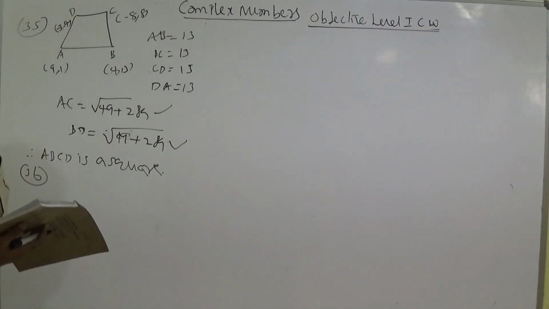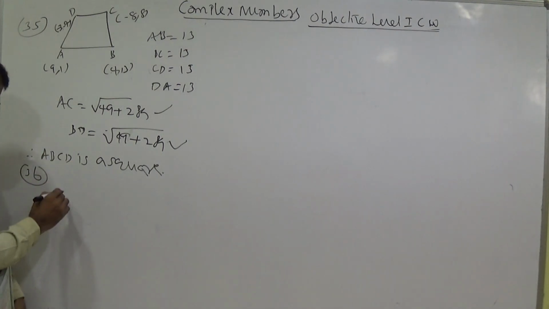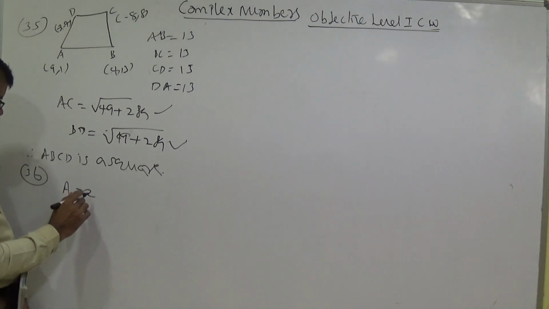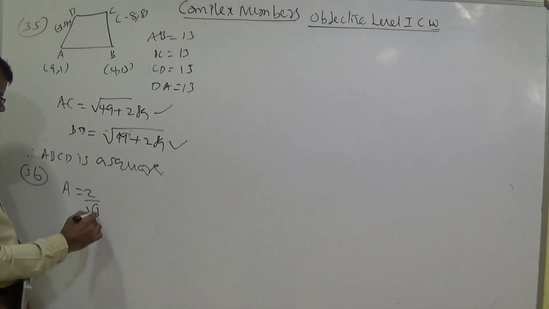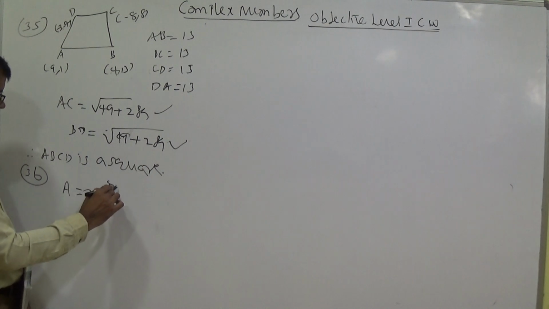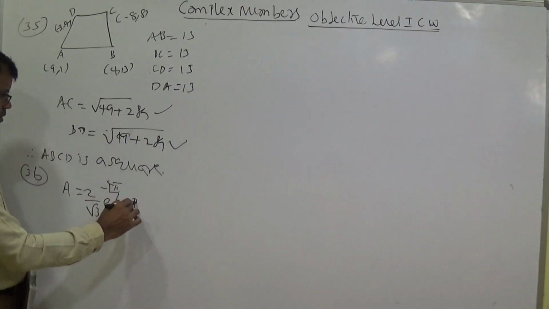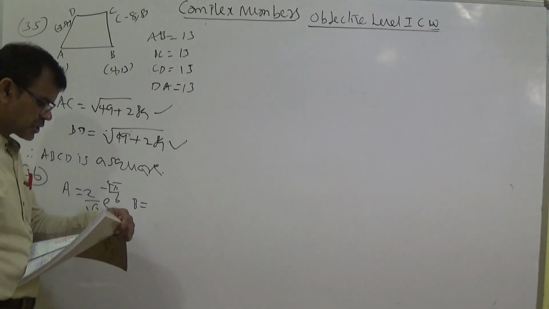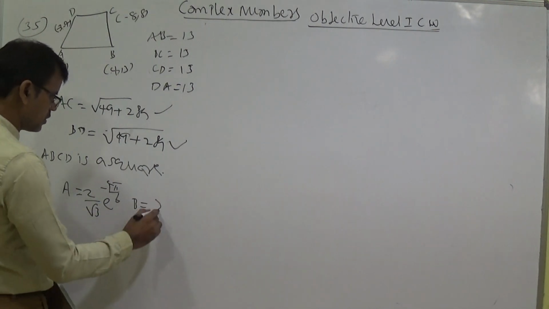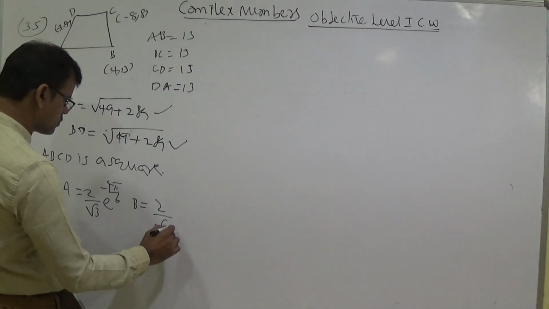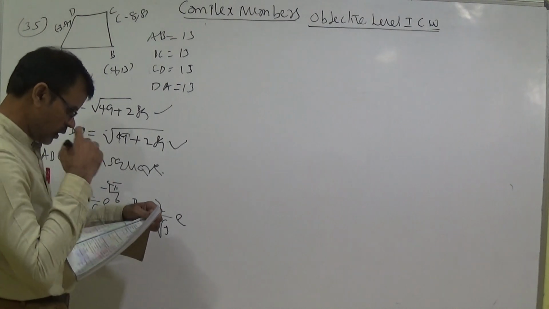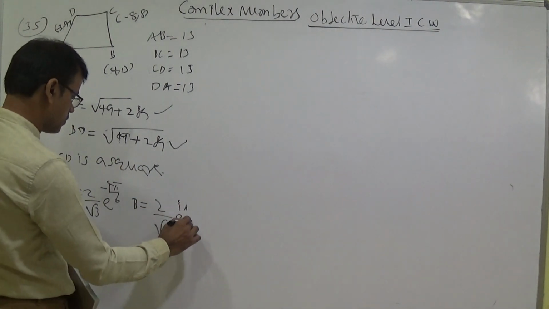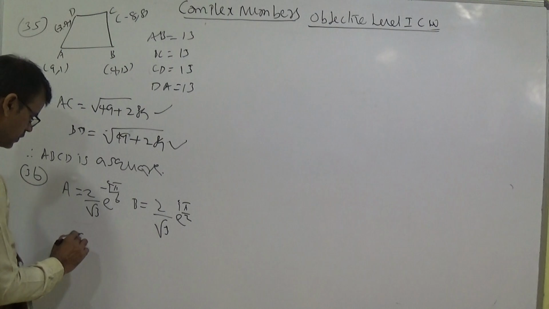36th one: let A is equal to 2 by root 3 e power minus i pi by 6. B is equal to 2 by root 3 e power i pi by 2.